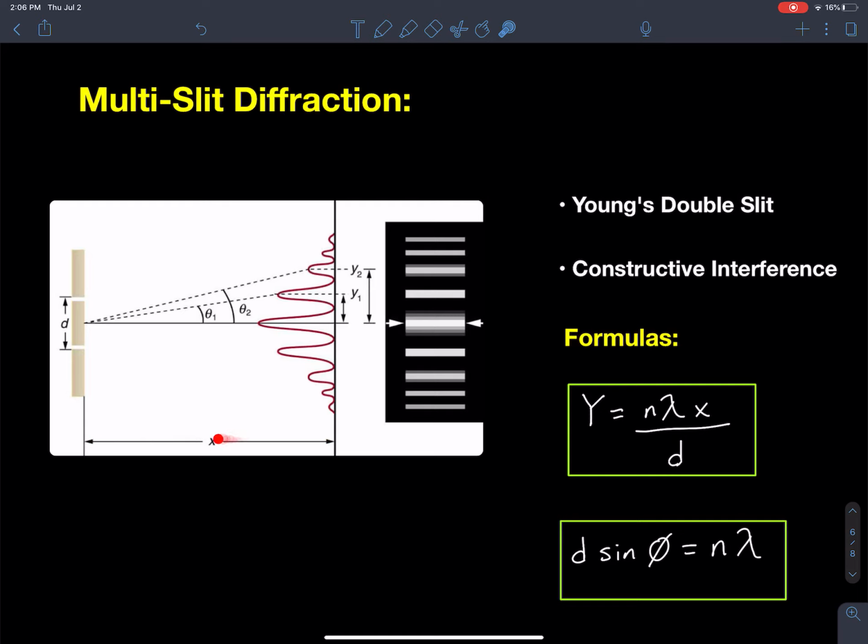X represents the distance from the slits to the screen, and Y represents the separation between the middle of a central maximum and the next, in this case, first order maximum, second order maximum, and so on. Notice that the intensities drop in a double slit experiment.